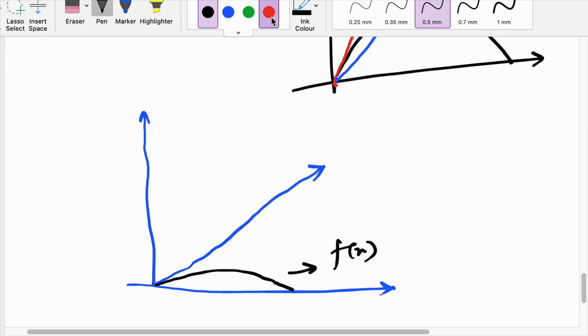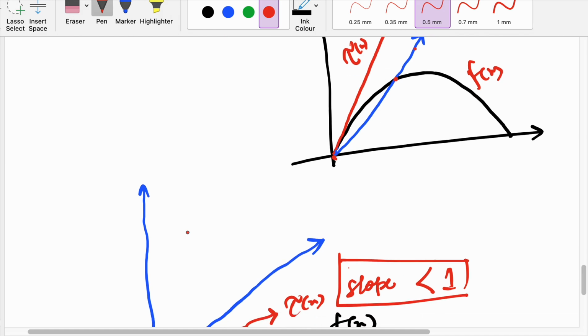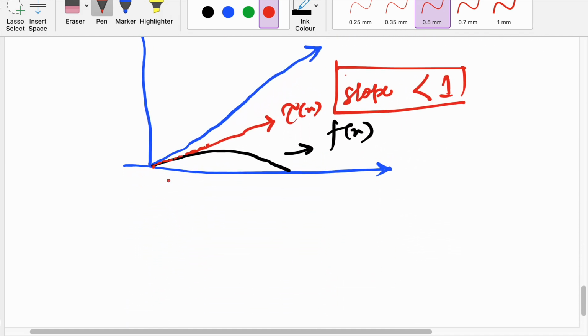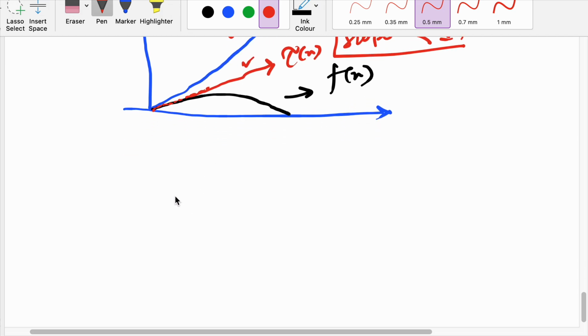So here you see this is the tangent to f(x), and you see the slope of the tangent is less than 1. So for slope less than 1, you see there is only one fixed point, and when the slope becomes equal to 1, these two will become exactly the same.